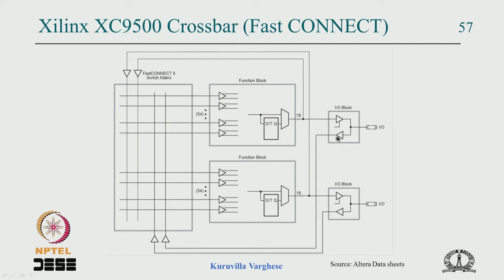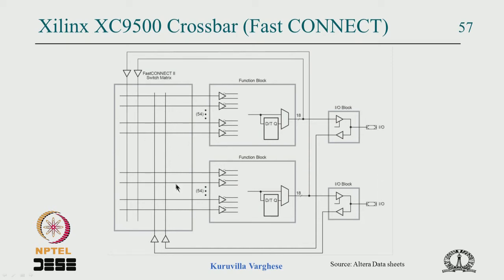And similarly the input is also coming as input to the crossbar switch, which can be taken inside the logic block. So that is how the crossbar is formed. The outputs of the macro cell as well as the input IO pin input are going as vertical lines, and the AND gates can choose any of them by programming the crossbar.